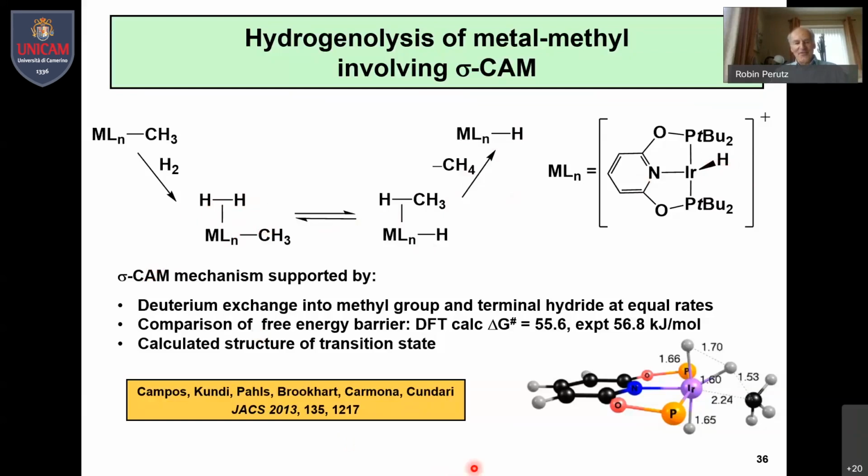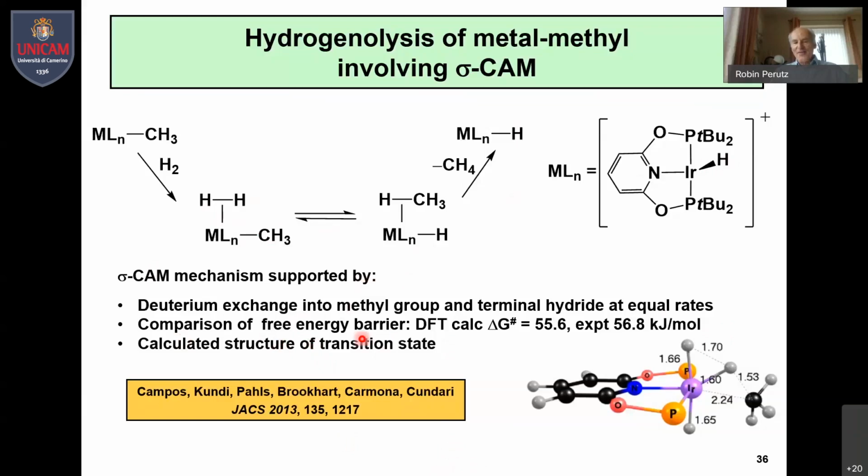How do you know that's the right mechanism? Well, the first thing is deuterium exchange, and that deuterium exchange into the methyl and the terminal hydride occurs at exactly the same rate. So they must be exchanging.